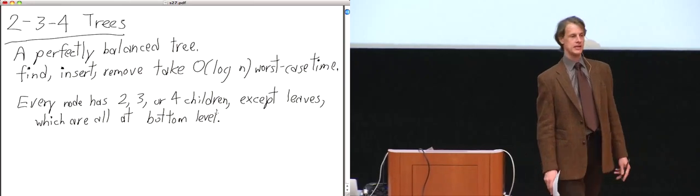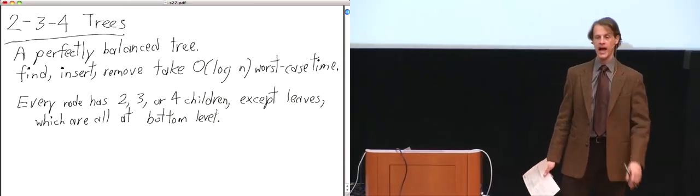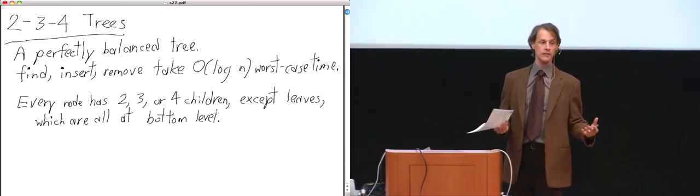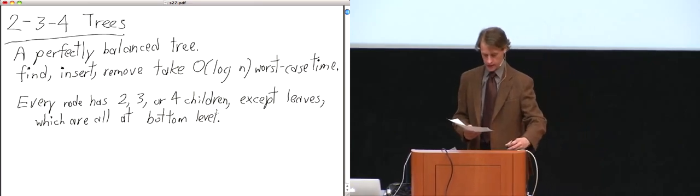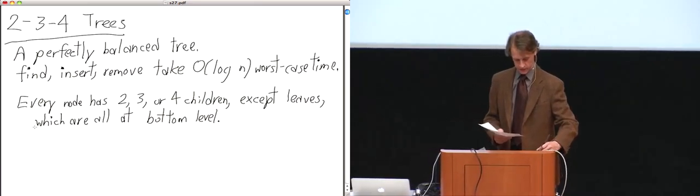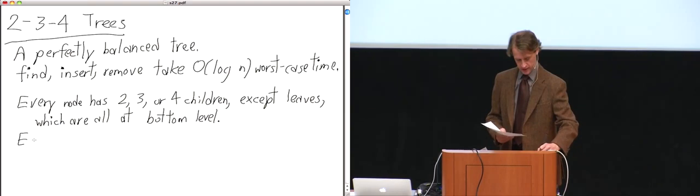So again, the exception is the leaves, the ones that have no children, they're all at the same level of the tree. And therefore, that's going to be the bottom level of the tree because there's nothing underneath it.